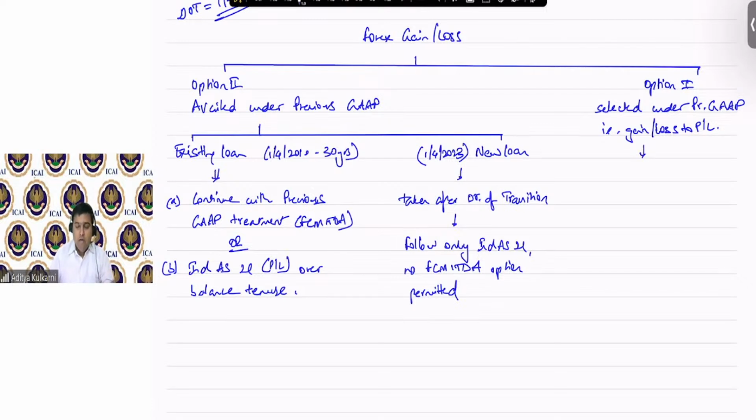Answer is no. So therefore, existing loan, any forex movements, take it to the P&L. New loan also, take it to the P&L. So there is only one option for the existing or the new loan, that is take it to the P&L.